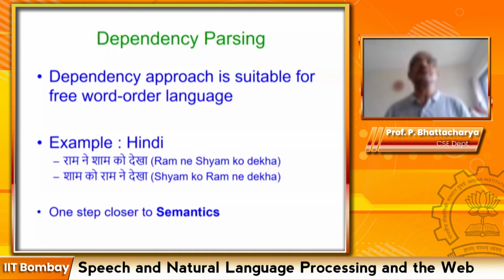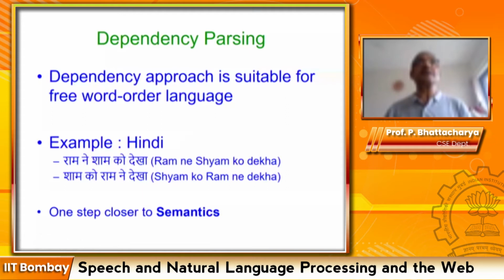Sham saw Ram. Here the seer is Sham, the object seen is Ram. So English has to rely on word order to convey meaning accurately. That's why English is called a fixed word order language, and Hindi is a free word order language. Though of course there are gray areas and it is a spectrum.